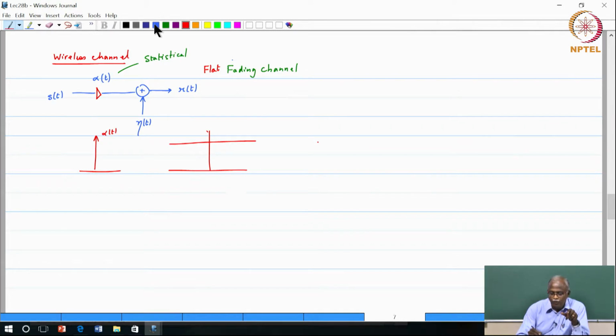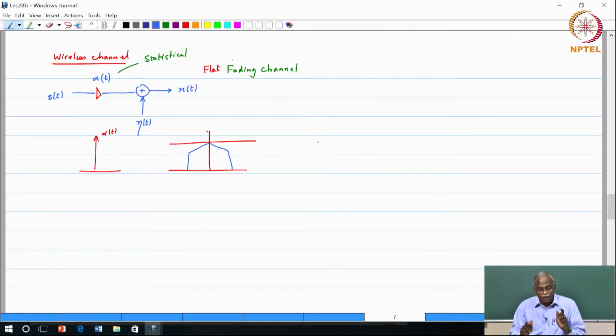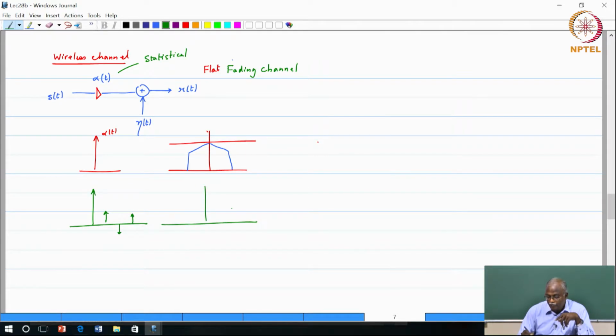Now, why is that important? Because if I transmitted a signal that had a spectrum of this type, the whole spectrum goes through without any alteration, only the amplitude of the signal goes up and down. Now, on the other hand, if you had a channel which had this type of response, I am just drawing some arbitrary response, this channel will have a frequency response, and if you transmitted your signal through this, notice that your signal spectrum is going to get distorted.